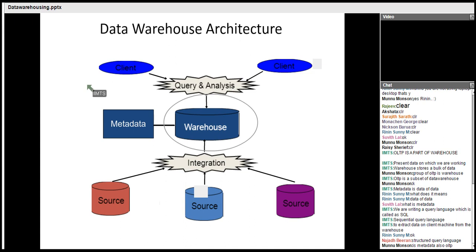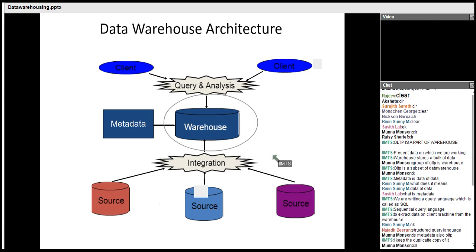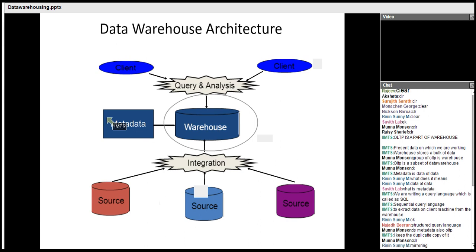So to provide the backup, I created a metadata of it. Metadata means I keep the duplicate copy of it. Why do I keep the duplicate? If something happens to my warehouse, I have a backup of that in the form of metadata. Yes, mirroring you can say, or you can say the backup.